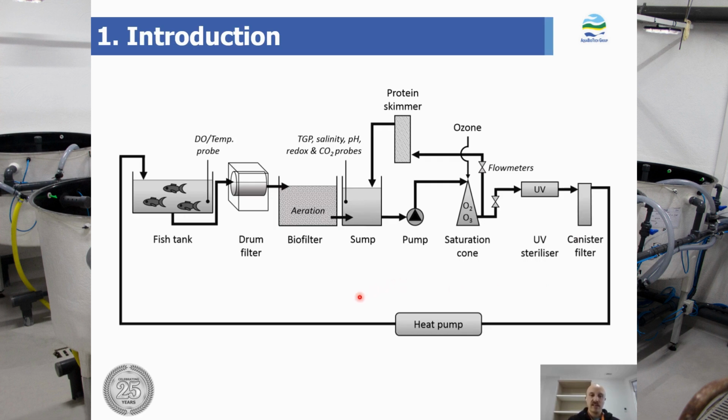And then we have the last part of our RAS system, which is, in my opinion, the real big advantage of a RAS system. I'm talking about the heat pump, or generally speaking, the temperature control. The real advantage of a RAS system is the capacity of controlling the temperature and the environment where these fish are growing. So this is something that we always need to keep into consideration.